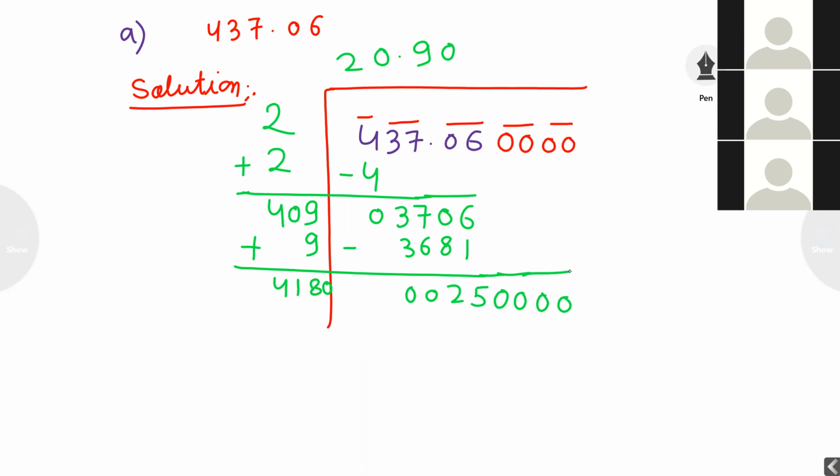Again with 4, which number do I want to multiply? That number should be less than 25. I want to take 5 times. Means I can write here 4180, 5 times.